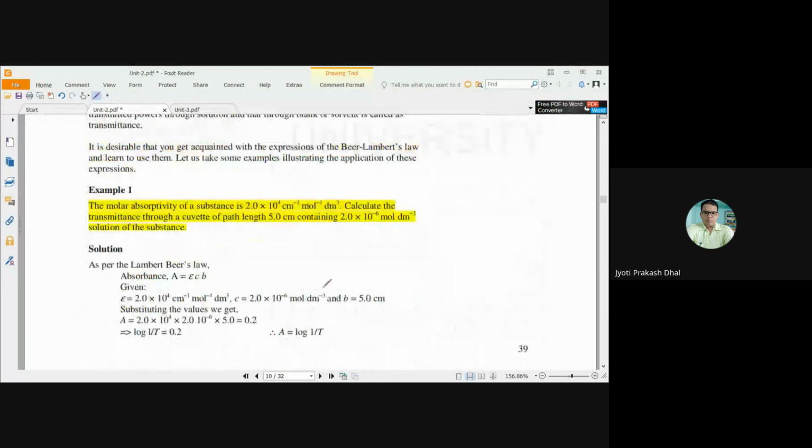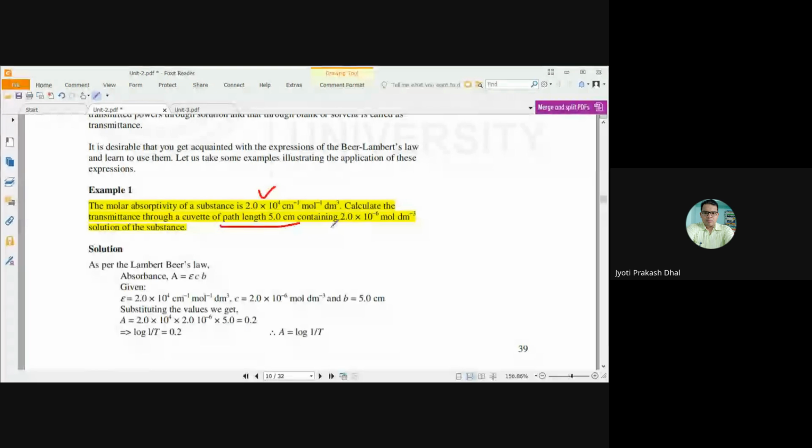So here is a numerical question. The molar absorptivity of a substance is 2 into 10 to the power 4 centimeter inverse mole inverse decimeter cube. Calculate the transmittance through a cuvette of path length 5 centimeter containing 2 into 10 to the power 6 moles per decimeter cube solution of the substance.